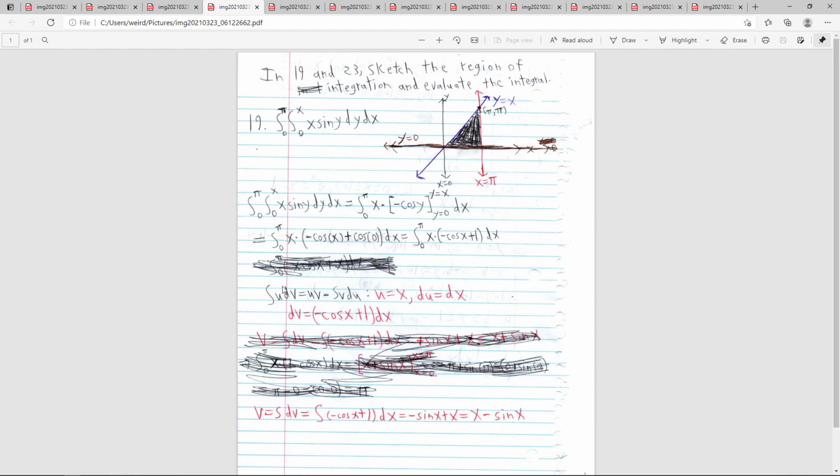So we have the integral of u dv equals uv minus the integral of v du. You let u equal x here, and dv is the rest of this original integral, negative cosine x plus 1 dx. u is usually the one little part, and dv is everything else. So du equals dx, because the derivative of x is 1 times dx.